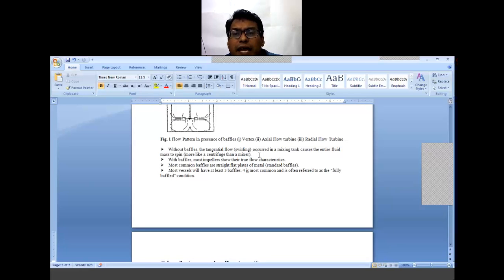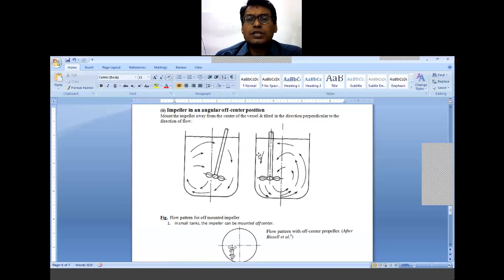Without baffles, the tangential flow occurs and causes the entire fluid mass to spin. So these are the off-center positions you can see in this figure. Off-center position with a central tilted baffle, and the generated flow patterns will be like this. And then the off-center position, again generating flow patterns of a different type.